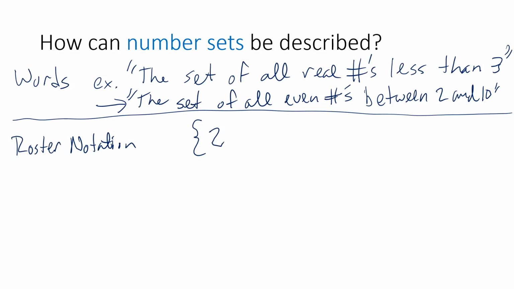So 2, comma 4, comma 6, comma 8, comma 10. And up here, I'm going to put the word inclusive, meaning that we are including 2 and 10 in our set. So that's roster notation.